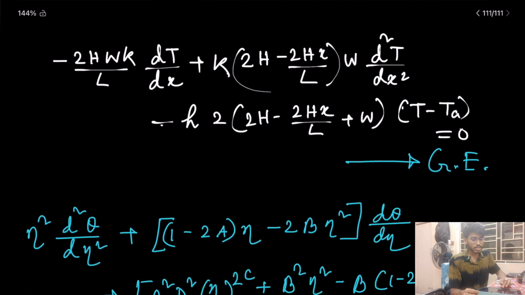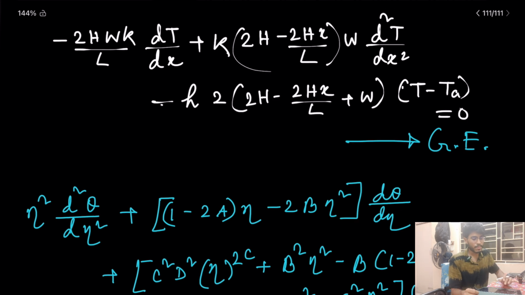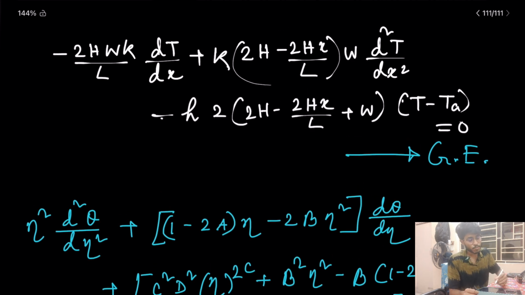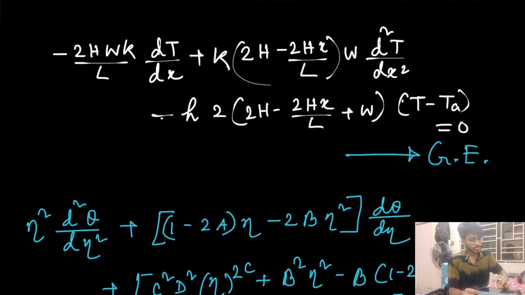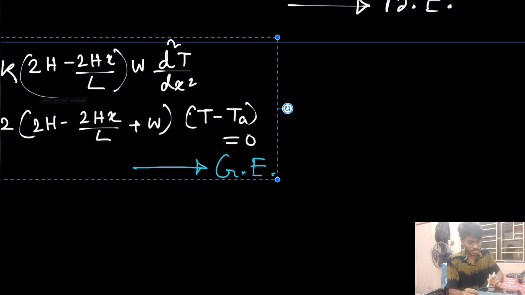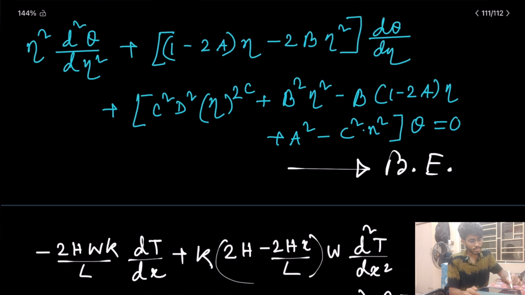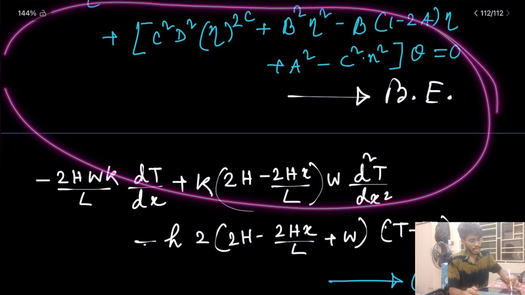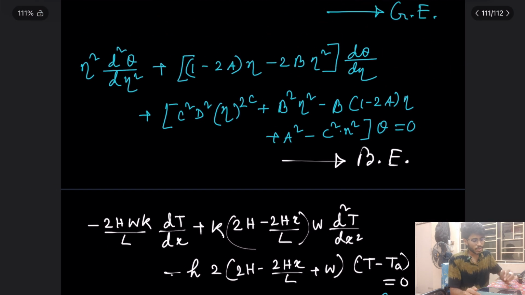Now this problem has become mathematically a bit more challenging. Why? Let me show you. Let me again copy this thing. See, this form and this form are not looking very similar, right?